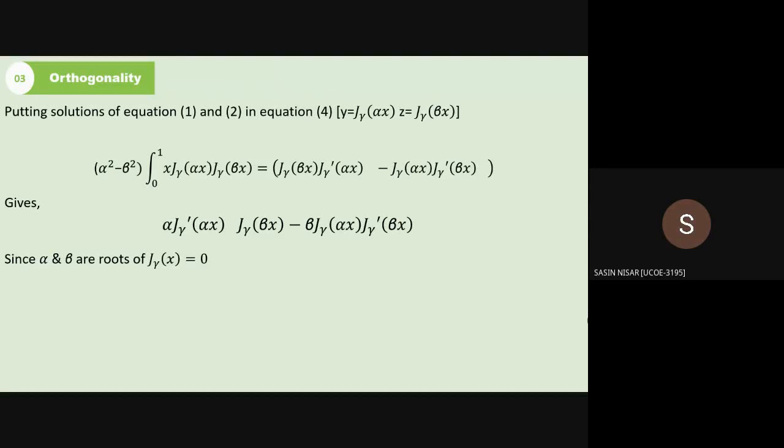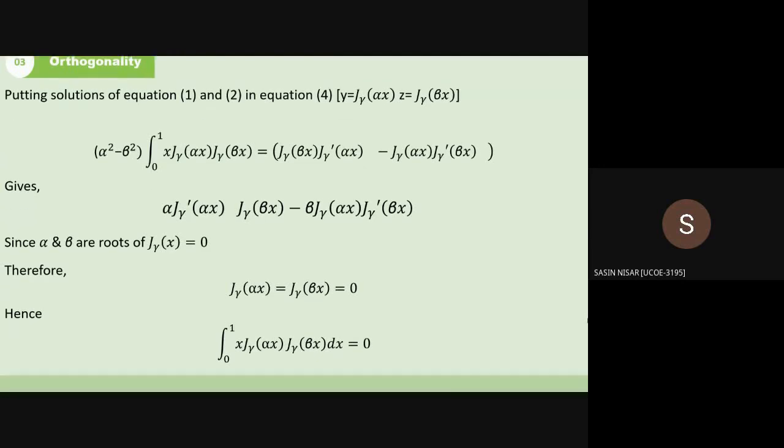Since alpha and beta are roots of J gamma x equal to 0, we get J gamma alpha x equal to J gamma beta x equal to 0. Hence, the integration of x J gamma alpha x J gamma beta x with respect to x, from limit 0 to 1, is equal to 0.